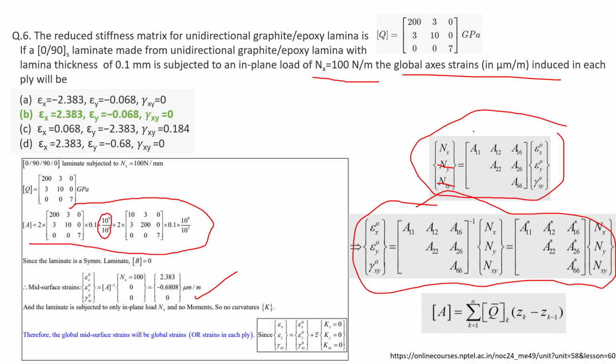Now there is an equation relating mid-plane strain to the global strain: mid-plane strain equals global strain plus the thickness times the curvature. Now the curvature value is not there, so directly the mid-plane strain will be equal to the global axis strains. From that we will get the values of epsilon x, epsilon y and gamma xy. So we have to do all this calculation and finally we can get the answer.